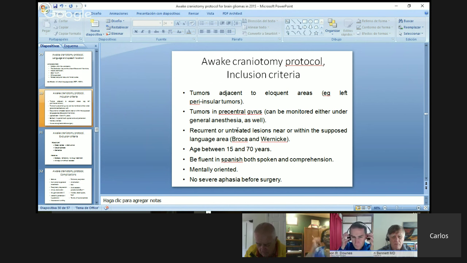Patients between 15 and 70 years, fluent and with comprehension of the language. If it's Spanish or English, we must ensure that we do these evaluations in the mother language of the patient. The patient must be mentally oriented, with no severe aphasia before the surgery.